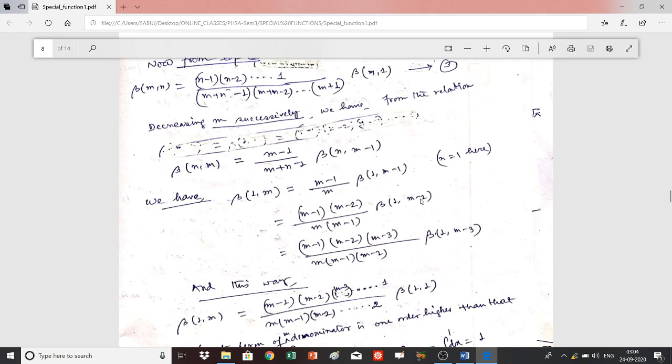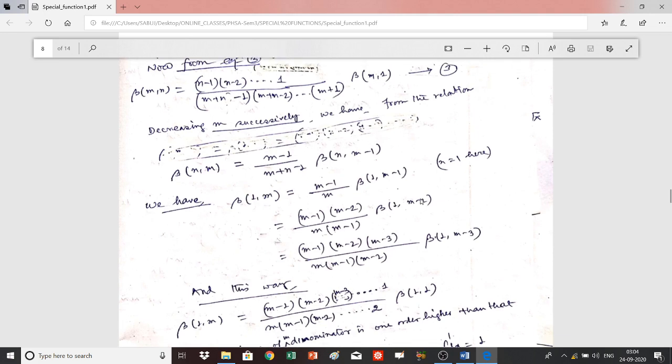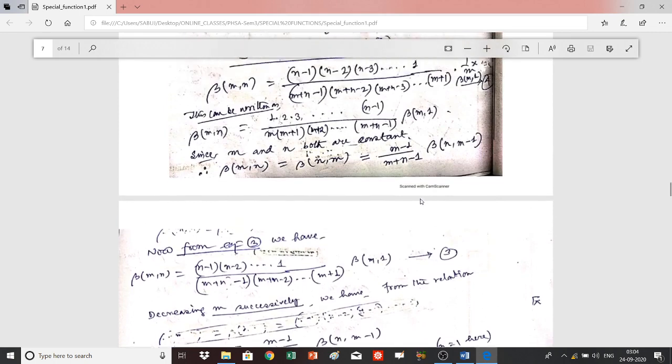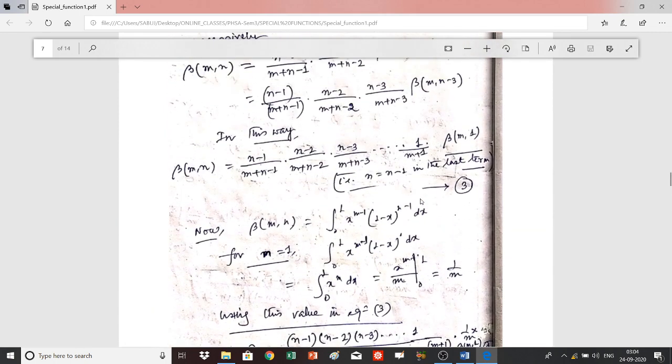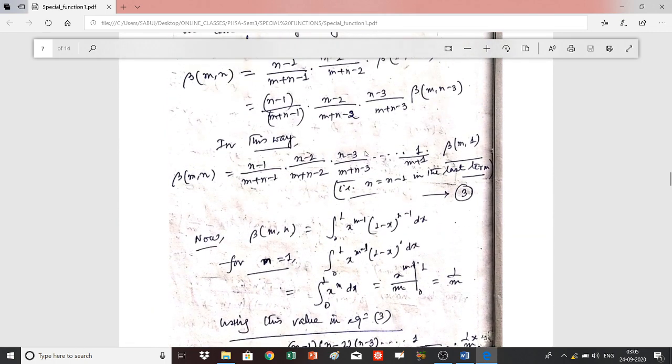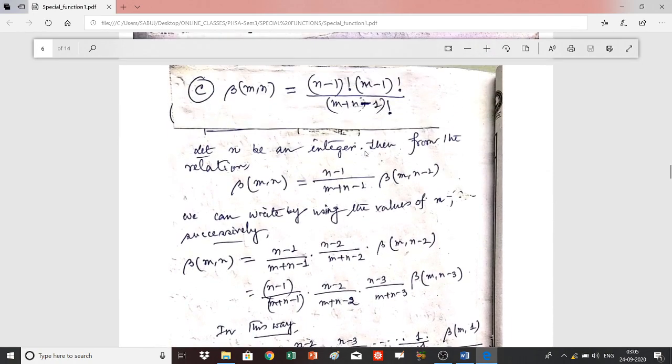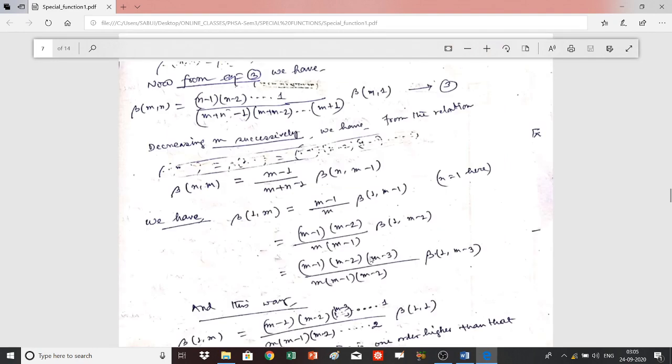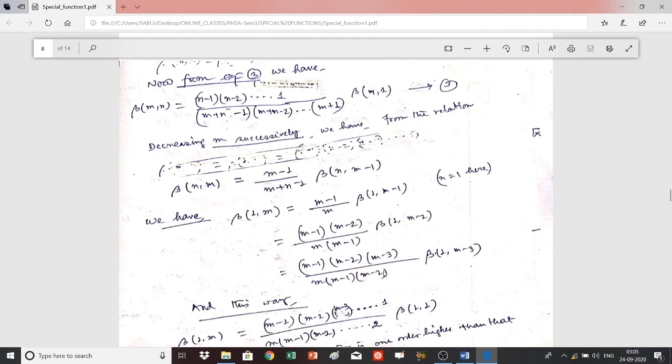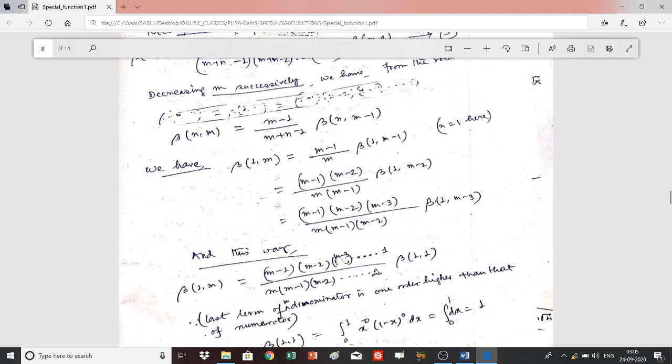It was done previously in the case of n. Just what we did before for n, in this case we will do that for m.